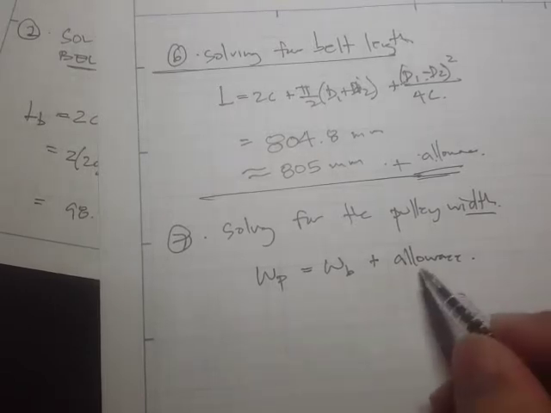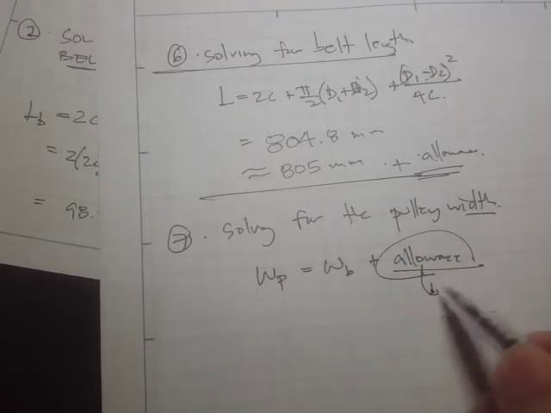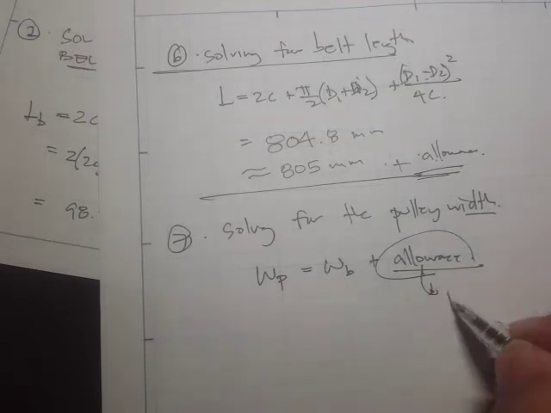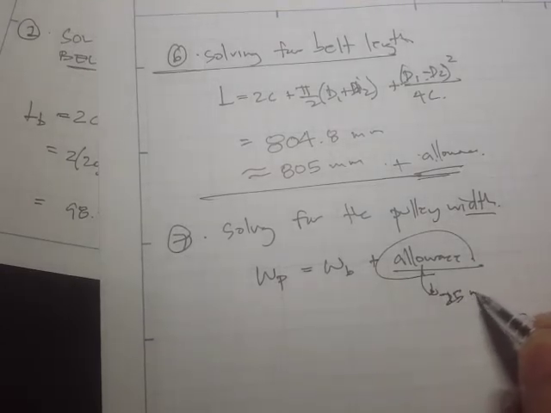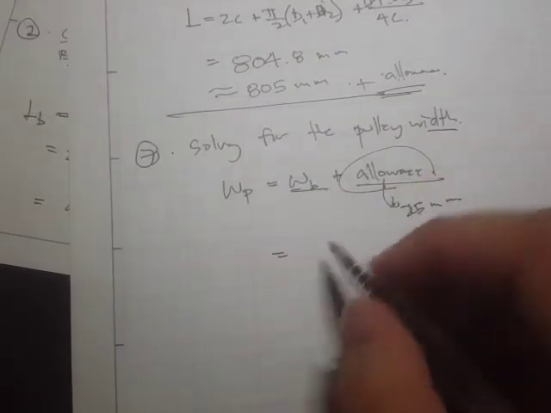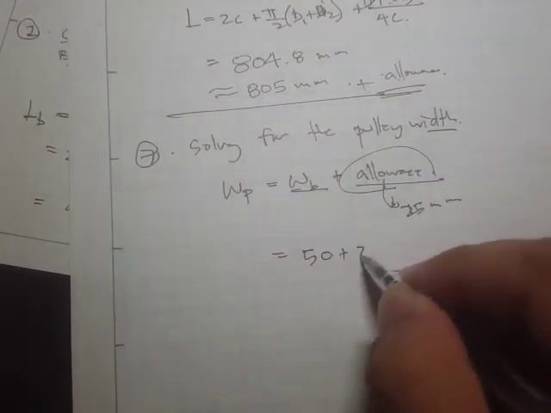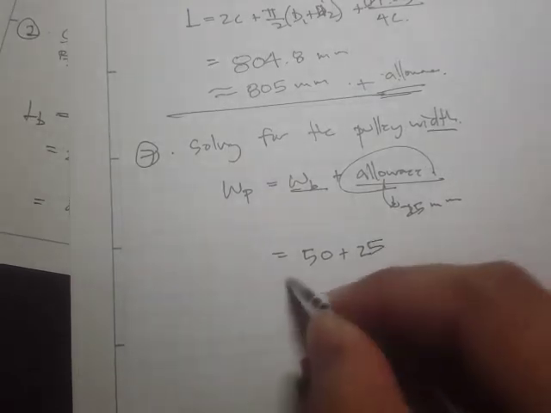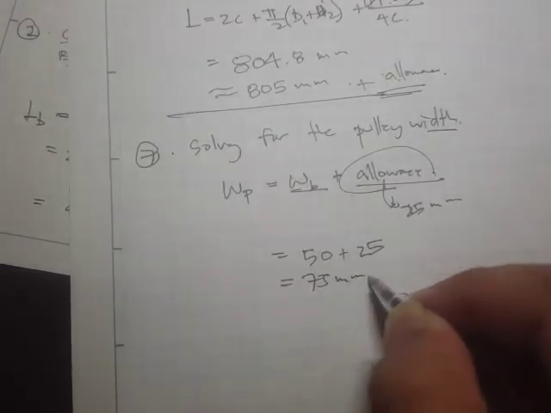So from the table, our allowance is just less than 12 inches, then we have a 1 inch allowance, or 25 mm. So the width of the pulley is 50 plus 25, then that's going to be 75 mm.